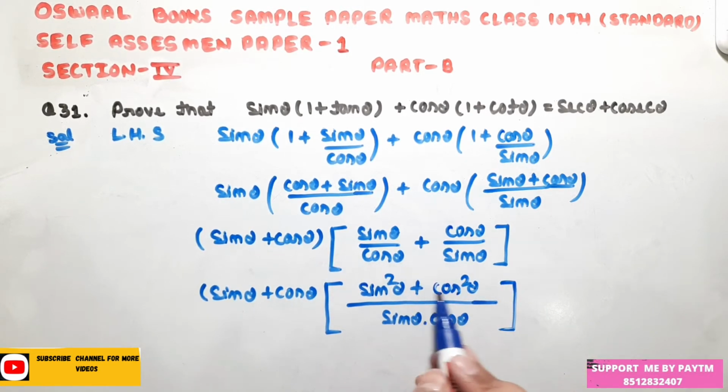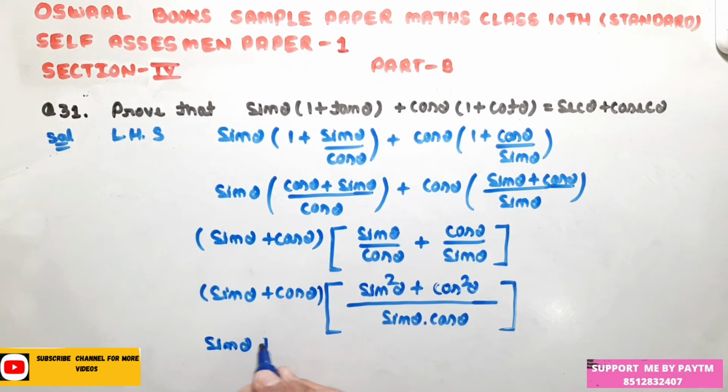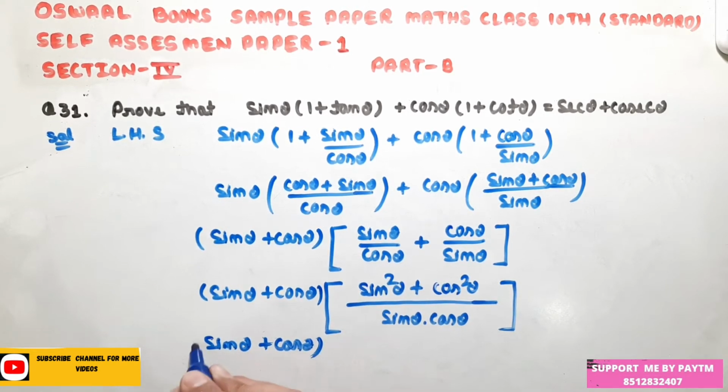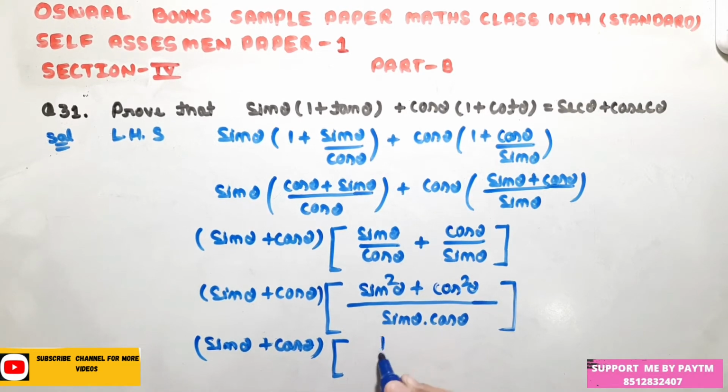We know that sin square theta plus cos square theta equals 1. So (sin theta plus cos theta) in bracket 1 upon sin theta into cos theta.